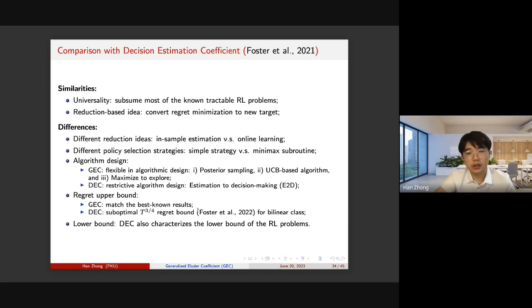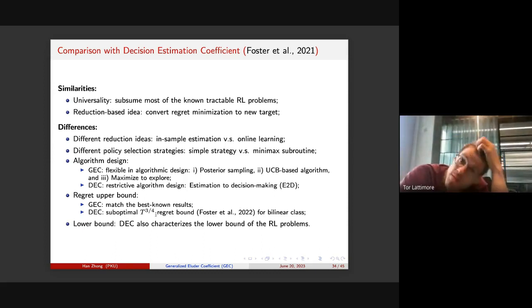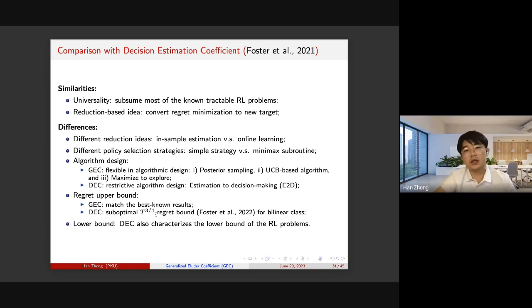In their recent model-based paper, they can only obtain T to the 3/4. So the lower bound is not matching for model-free bounds? Yeah, the original DEC paper seems hard to capture some model-free cases.